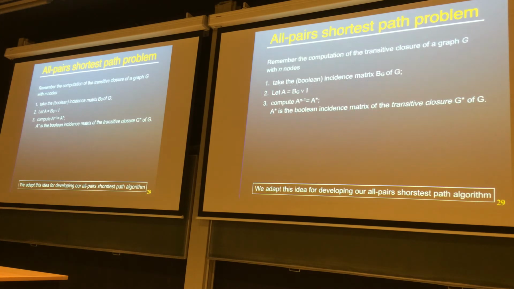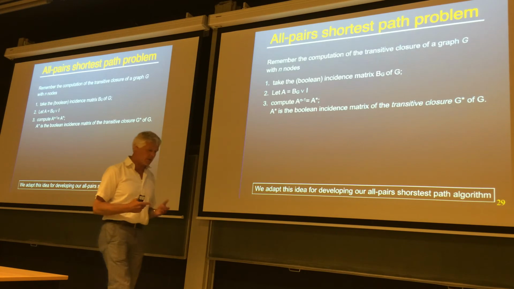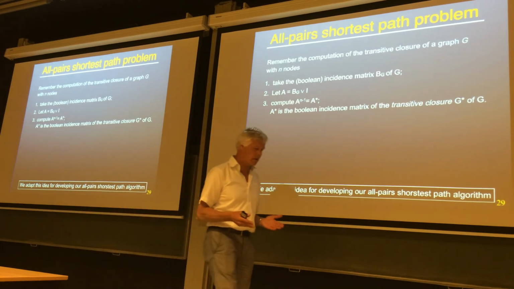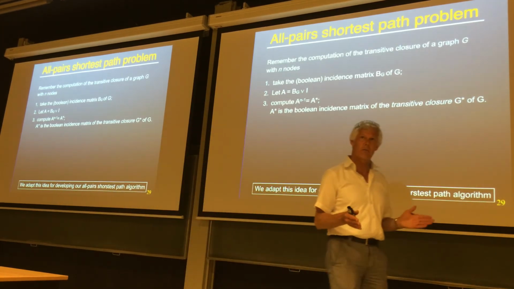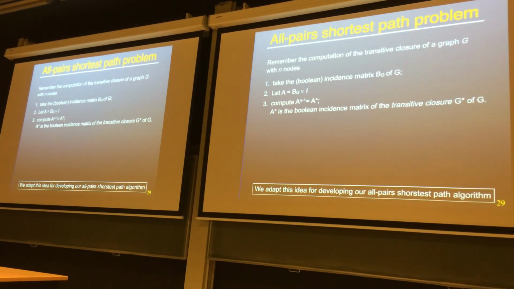Let me go back to that transitive closure of a graph computation. There we had a graph, and we would like to represent it by means of matrices. So we had an incidence matrix that tells you for every pair of nodes whether or not there was a direct connection from that node to another node.